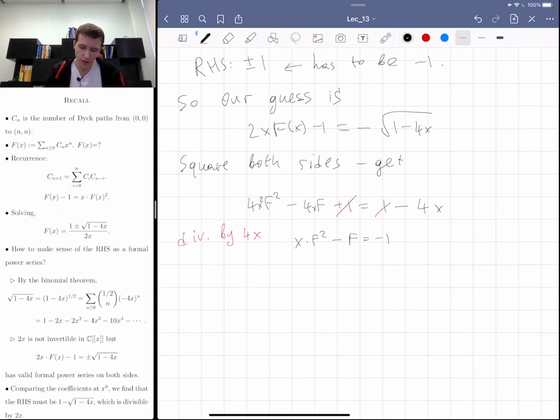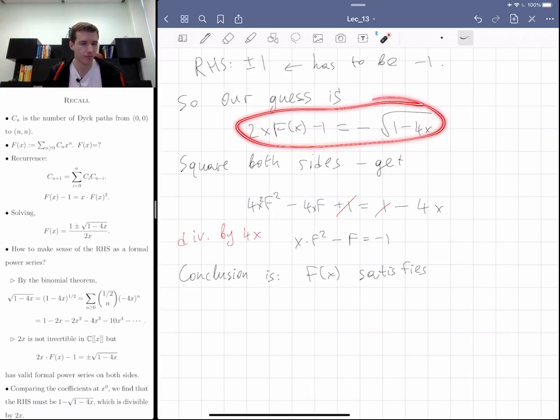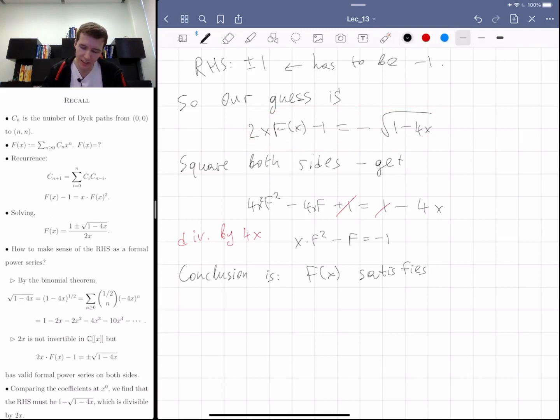So the conclusion is that f of x satisfies, I mean, if I squared, anyways, I guess I'm being slightly non-rigorous again.